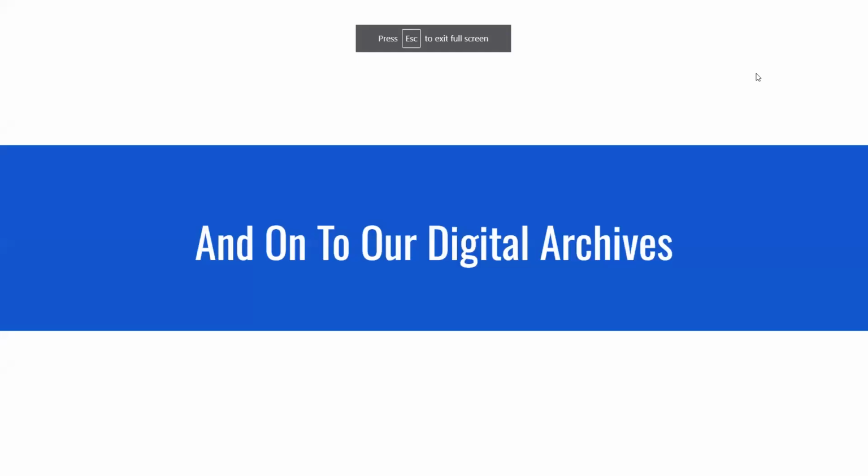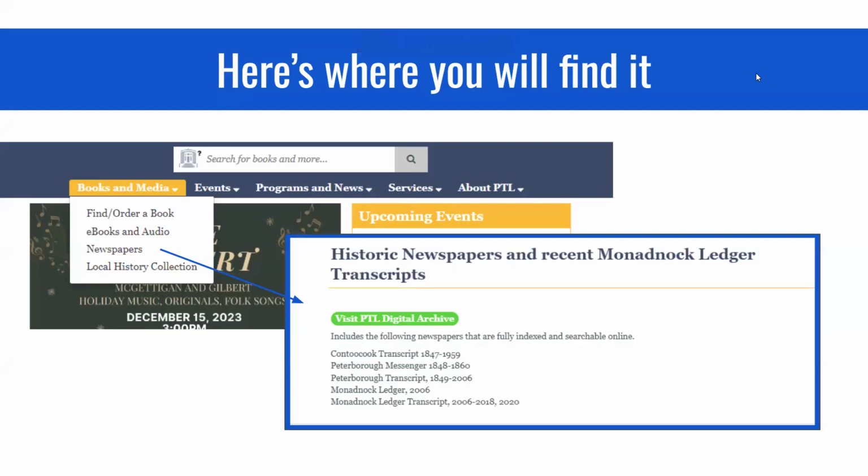So basically, to find them, you go to our website, Books and Media. You can get it either through newspapers or local history. And there's the green button, visit PTL Digital Archives. It's got newspapers, it's got yearbooks, it's got all sorts of things that are digitally available.